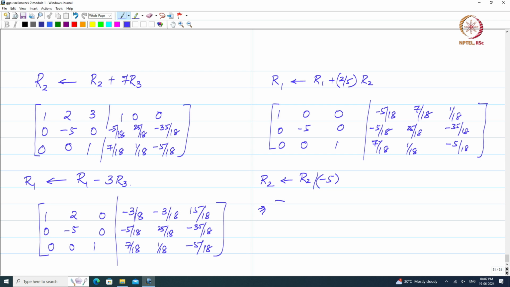So, when you do that, you see that on the left hand side you get the identity matrix, and the right side is 1 0 0, minus 5 by 18, 7 by 18, 1 by 18; 1 by 18, minus 5 by 18, 7 by 18; 7 by 18, 1 by 18, minus 5 by 18.